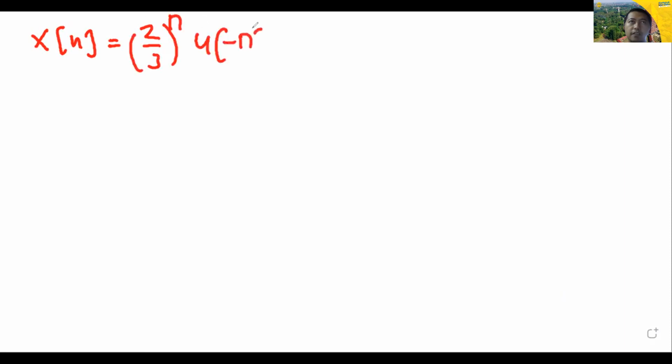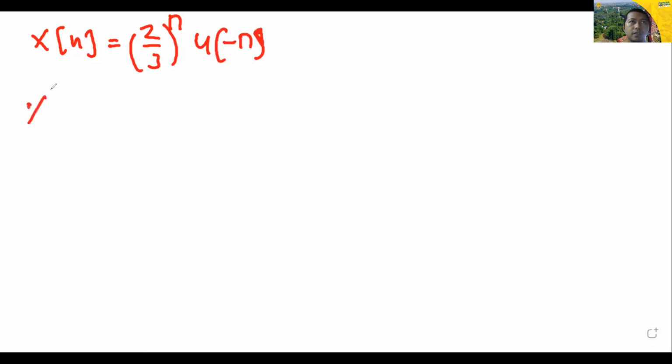For example, the xn is still 2 per 3 powered by n, but u minus n.